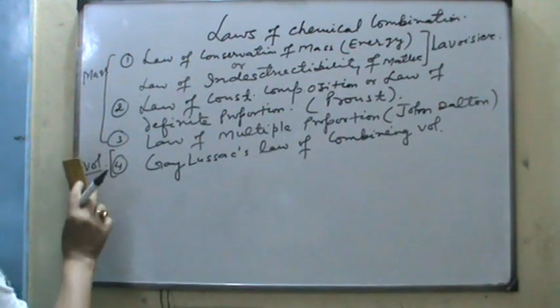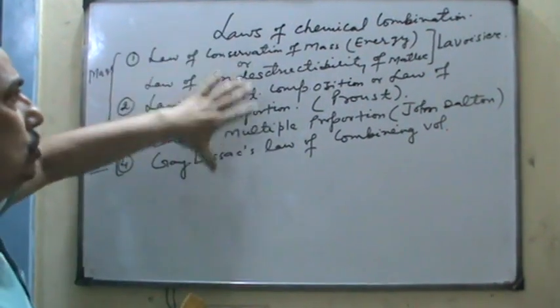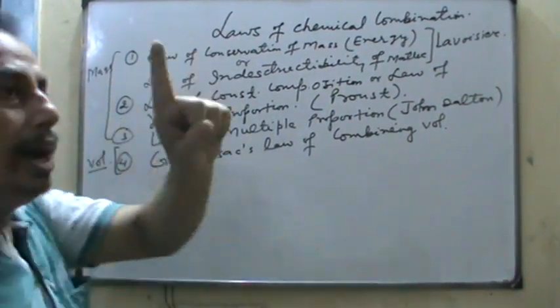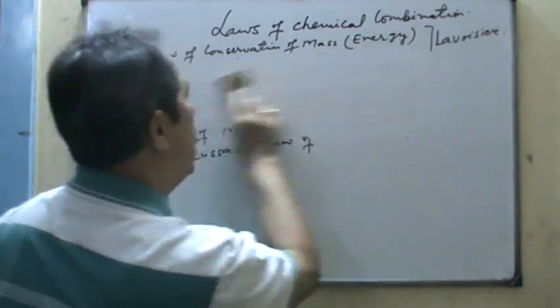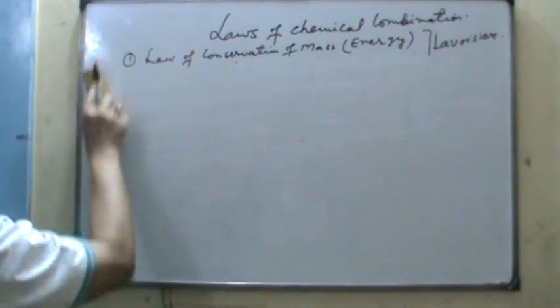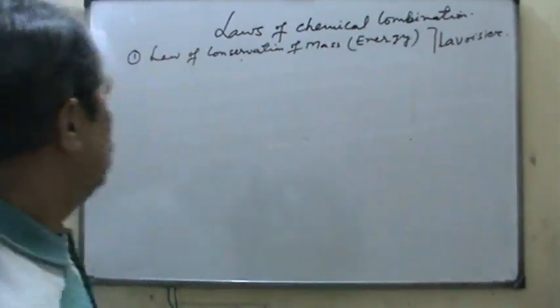So my dear students, first we have to write down all these laws, and let us take the first one, the law of conservation of mass. Anybody can define this law? Yes, it is very easy.